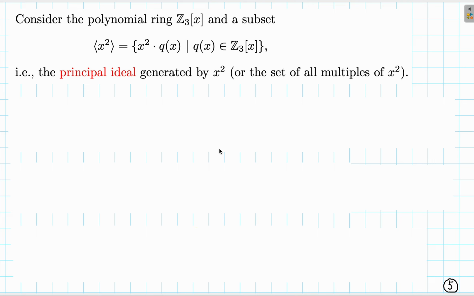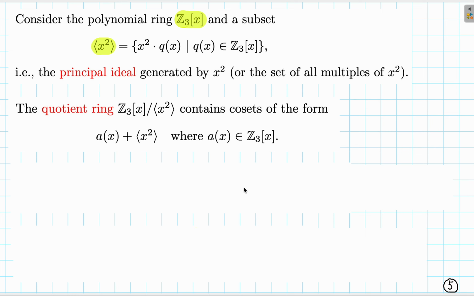We're going to take this up a notch and work with quotient rings involving polynomials. Thus, consider the polynomial ring Z3[x], consisting of polynomials whose coefficients are in Z3, and also the subset ⟨x²⟩, the principal ideal generated by x², which is the set of all multiples of x².